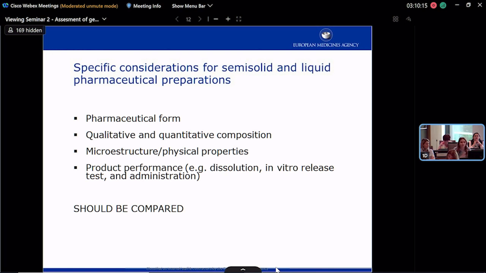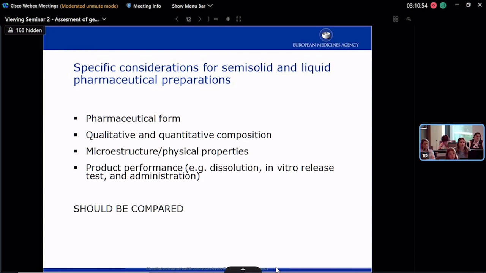So should it be the same tests and the same cross-referencing, or are there any differences? No, it should be the same. The product can be completely different: it can have different excipients, the manufacturing process can be completely different, so the elemental impurities can be completely different.